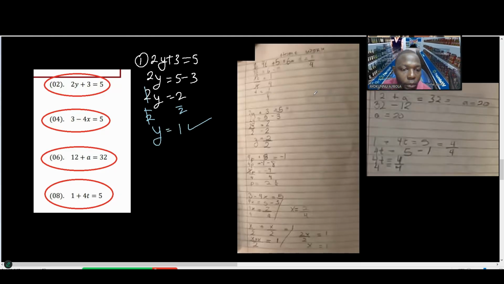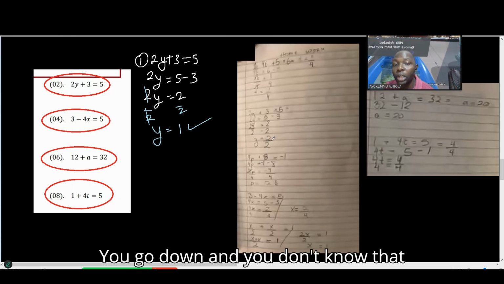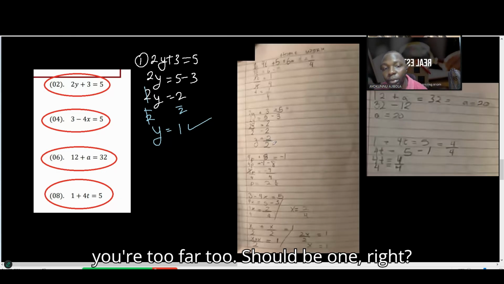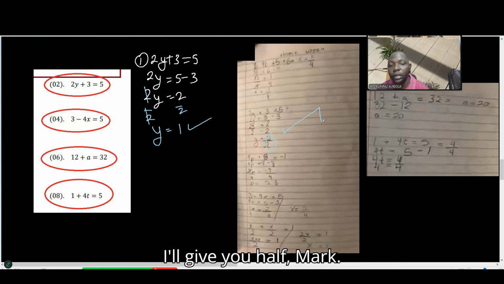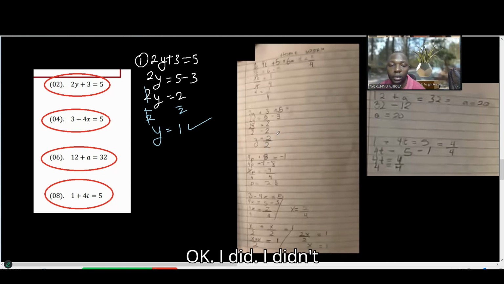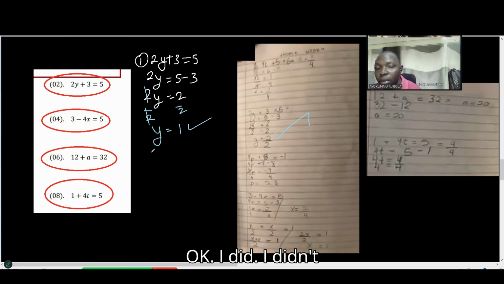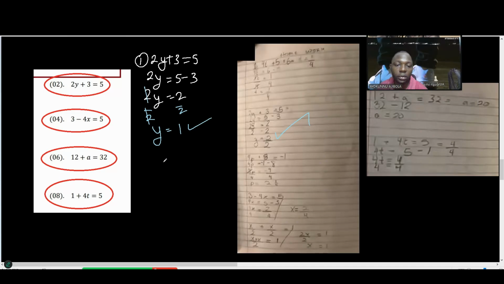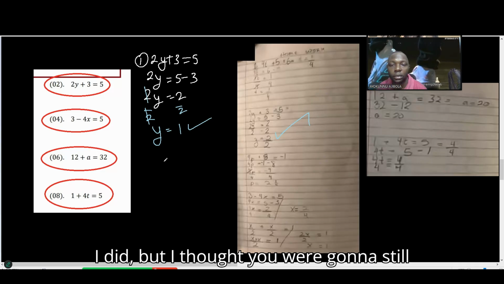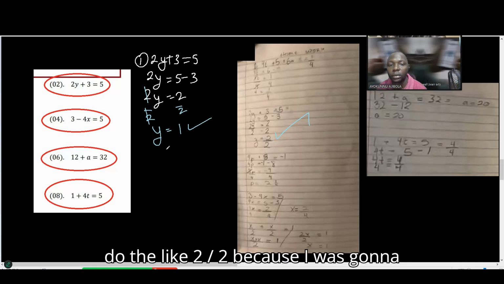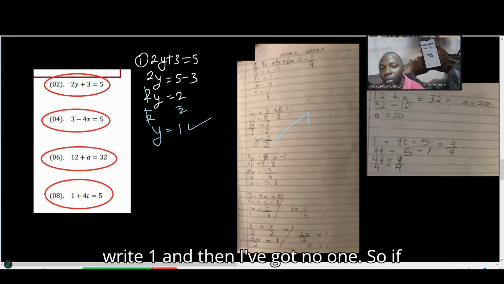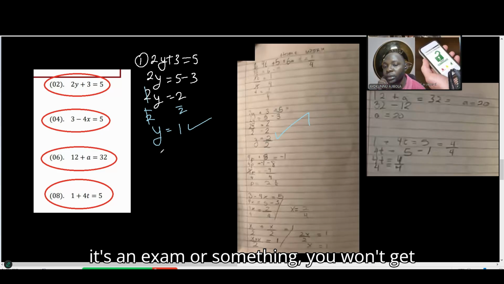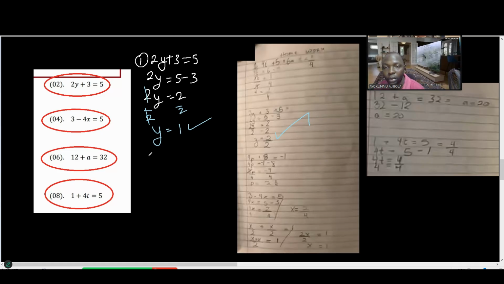Did you get 1? You got 2 over 2, and you don't know that your 2 over 2 should be 1, right? I'll give you half mark. You didn't write 1. So if it's an exam or something, you won't get a full mark, okay?